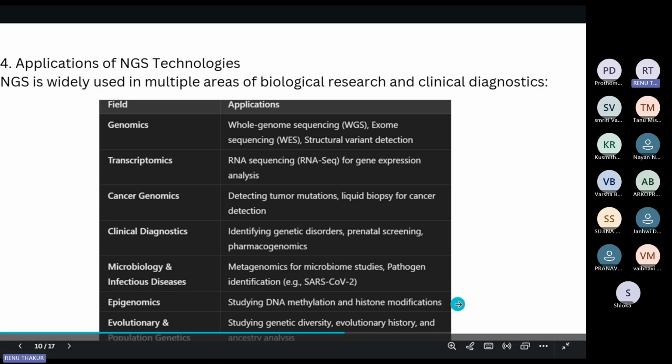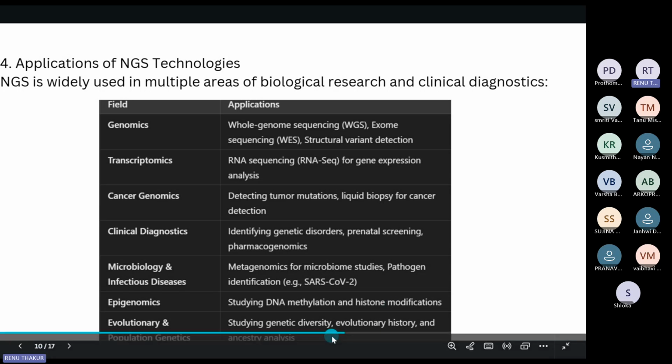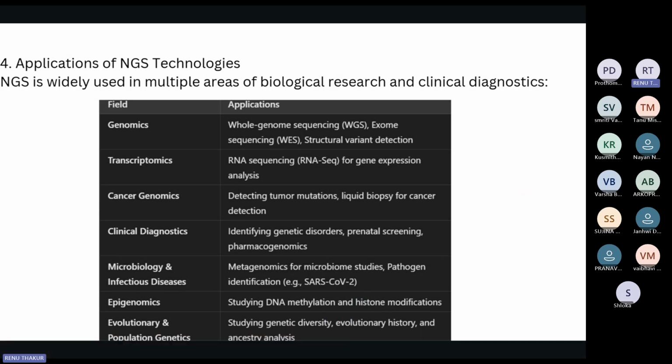And if you want to analyze the ancestry of a person, suppose a person is suffering from a disorder, and you want to look at the whole family tree, and determine where exactly this disease was present in the family tree, and where exactly they inherited it from. So it can help in ancestry analysis and genetic diversity in the population as well. Okay, so these are some of the applications of NGS technologies.